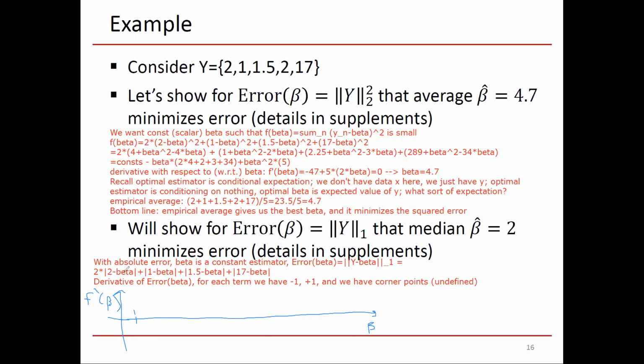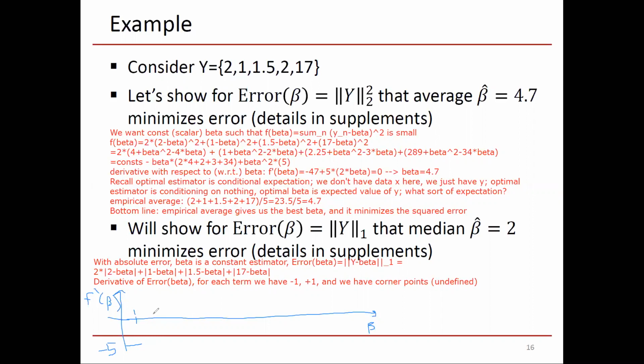So let's say for beta equals 0, this expression is 2. For beta equals 1, it's equal to 1. 2 became 1, so we have a negative derivative. We have a negative derivative twice because of the multiplication. We have a negative derivative up to the 1 for the second term and the third term and the fourth term. So how many negative derivatives? 5. 2 here, 1, 1, 1. So we have a derivative of negative 5.